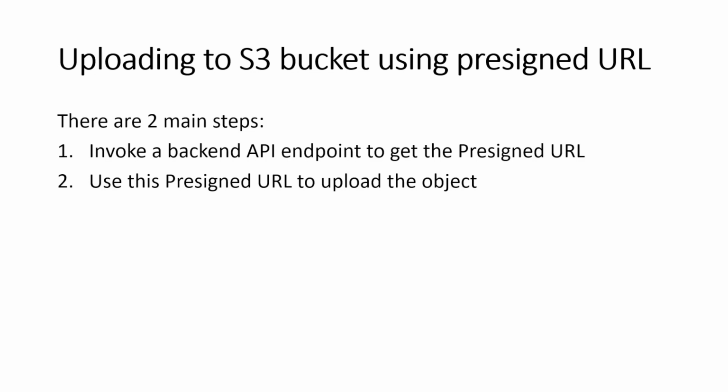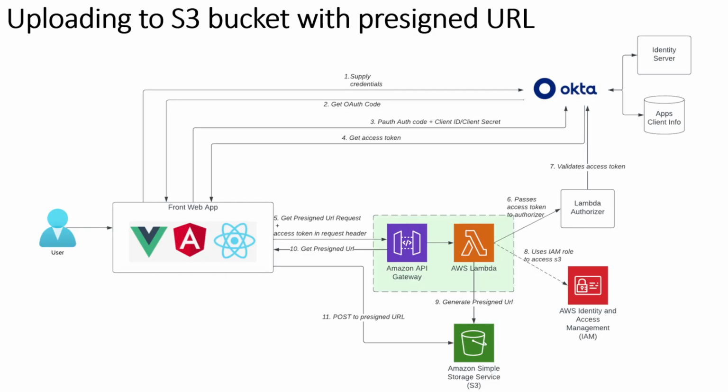In this diagram, you can see you are using an identity provider first to get an access token. I won't go much into the details of the OAuth 2 flow, but it is important for you to see that the front-end web application, which is about to access an endpoint to get the pre-signed URL, will need to make a call to that endpoint using an access token.